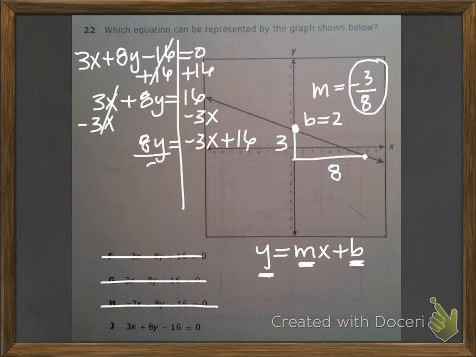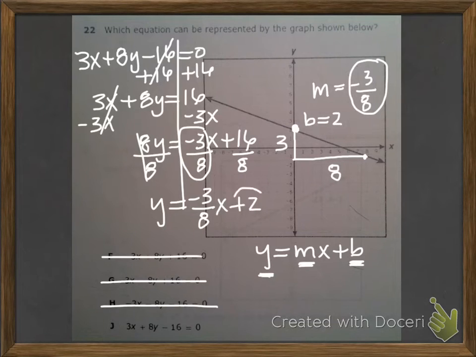Last step, divide everything by 8, so y is by itself. So y equals, I've got a slope now of negative 3/8, which is good. And then 16 divided by 8 is positive 2, which is also good. So my y-intercept is right, and my slope is right.